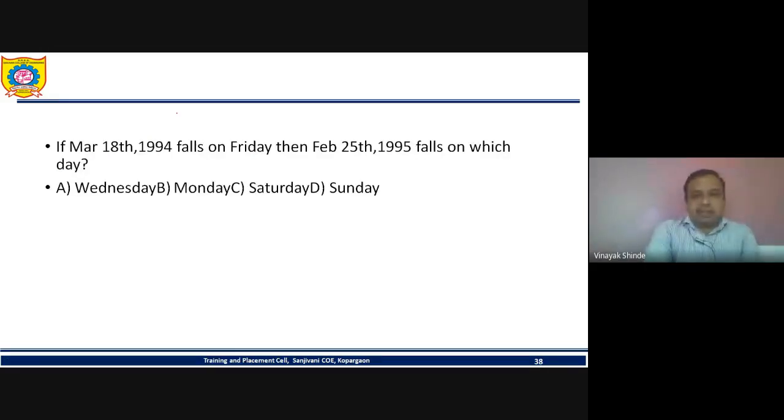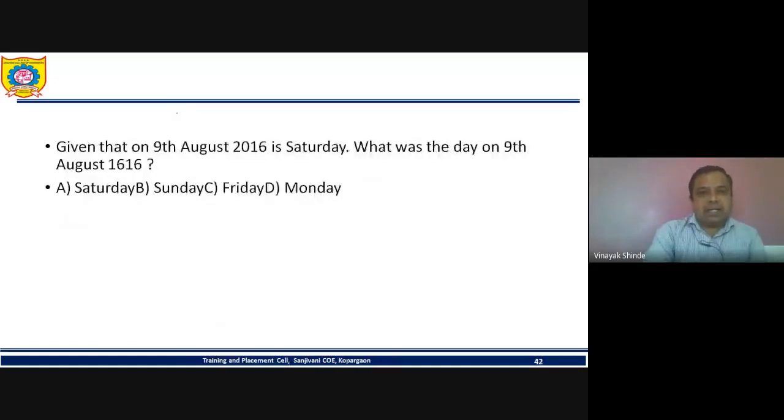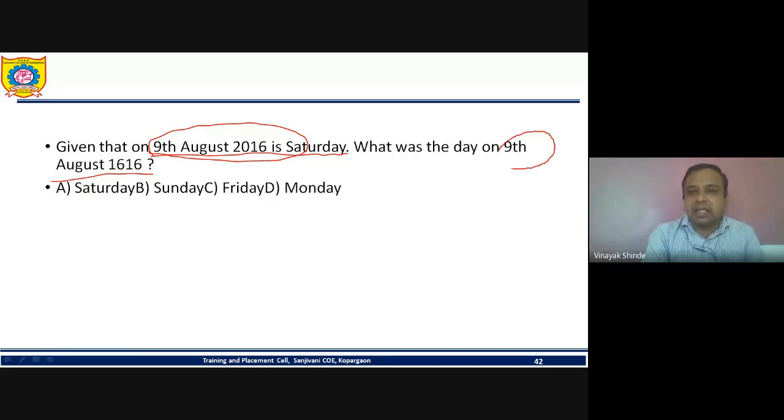Yes. In this case also you'll get the same answer. Given that 9th of August 2016 is a Saturday, what was the day on 9th of August 1616? Now if you see the difference here, 9th of August 2016 and 9th of August 1616, the difference is of 400 years.